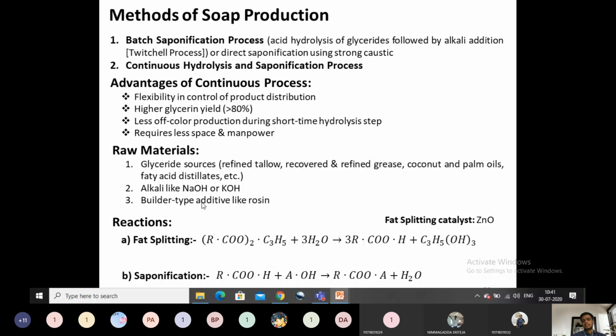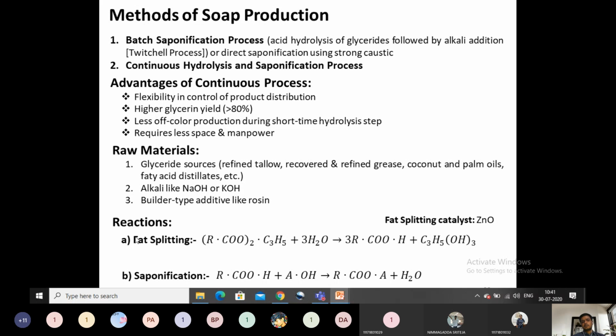Then next, builders like rosins we can add. Otherwise, when we want some fragrance inside our soap, we can add perfumes and other additives, depending on the particular type of manufacturing. But these are the main raw materials required for manufacturing any type of soap.